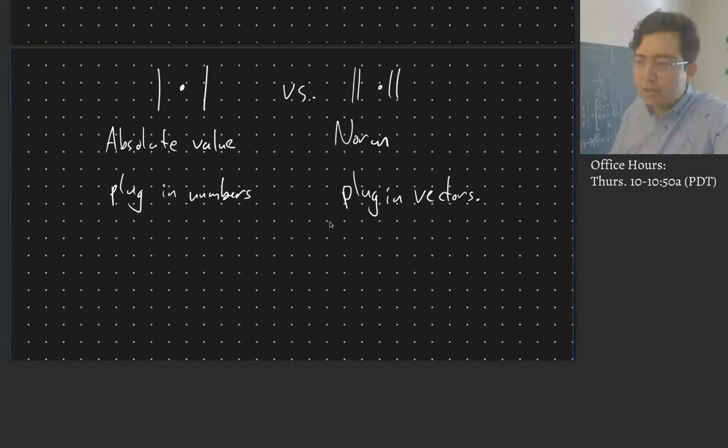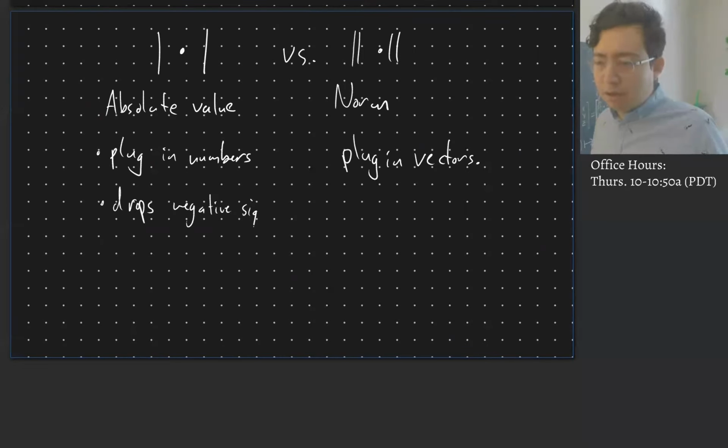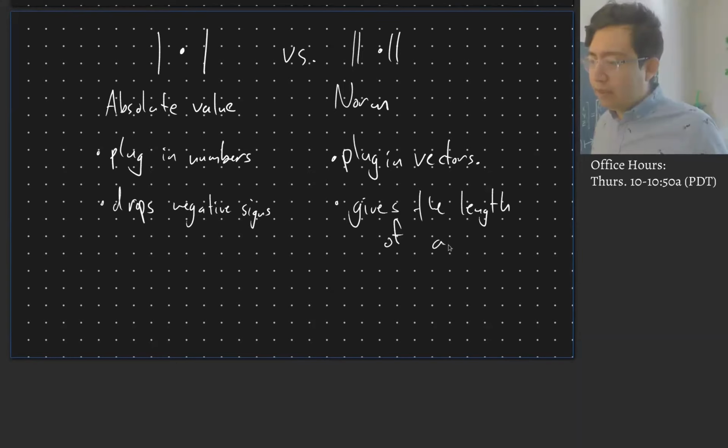This one drops a negative sign, and this one gives the length of a vector.